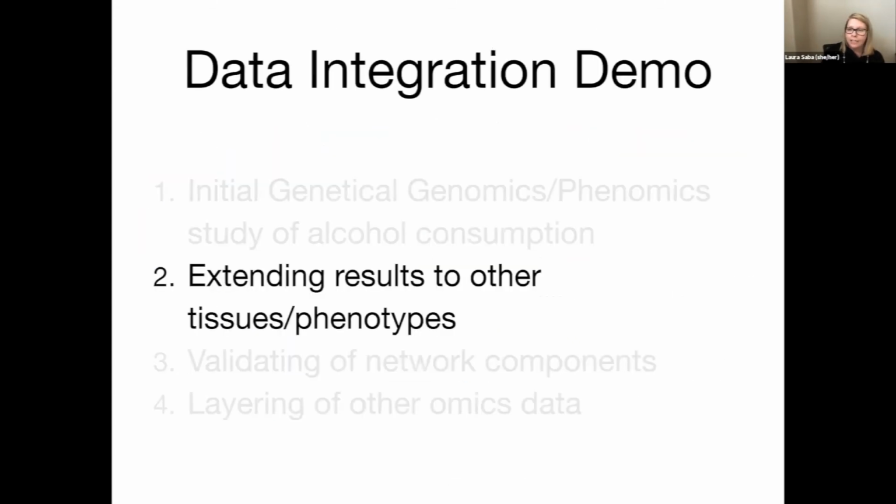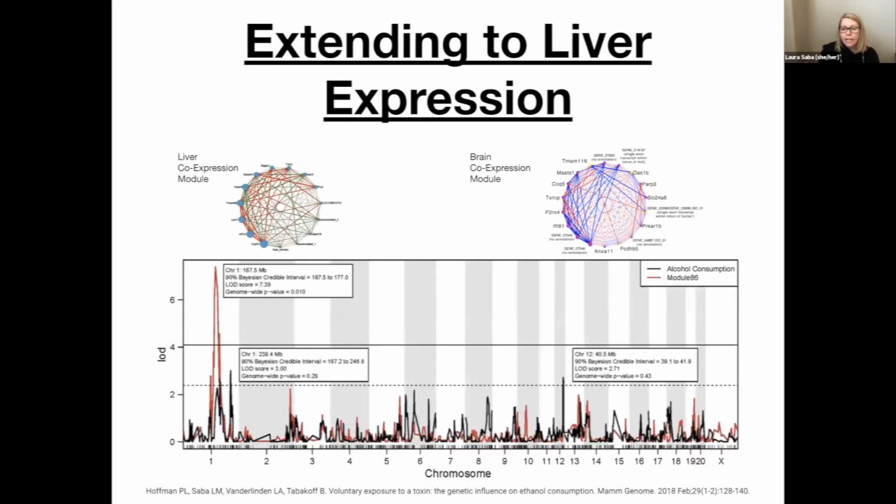So one of the things that we can do, again, with an inbred panel is extend it to other tissues. We can extend it to other phenotypes. And when we looked at the same type of analysis, but instead of using that brain co-expression data, we linked out to liver co-expression data.